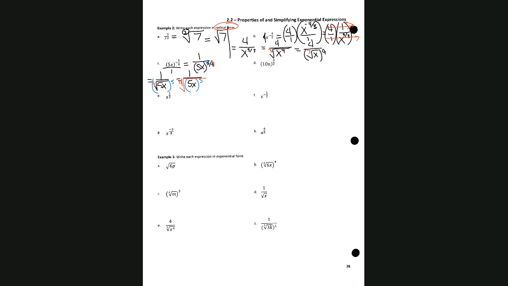Next one, we have 10n to the power 3/2, and so this one could be the square root, of course we don't need the 2, but I'm just going to put it there, of 10n to the power 3.